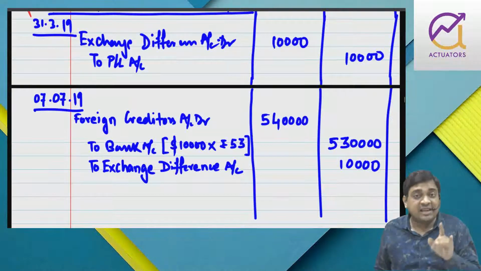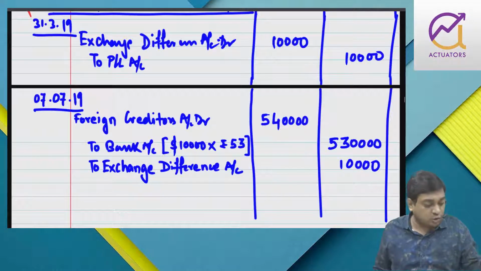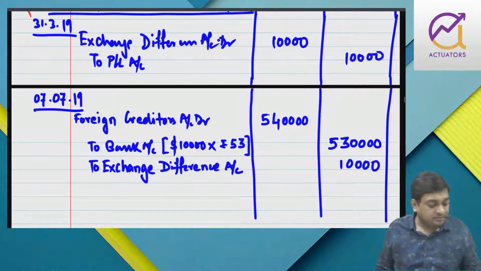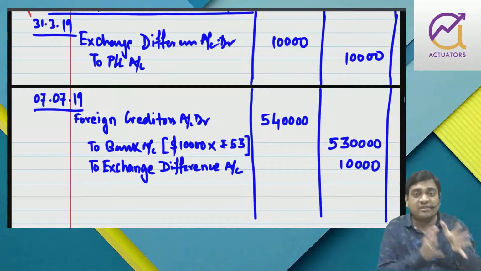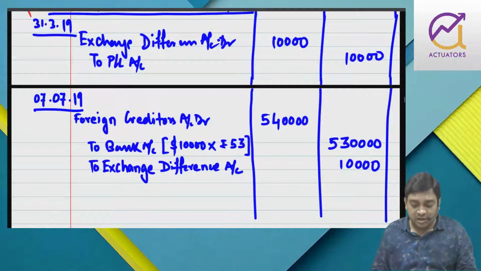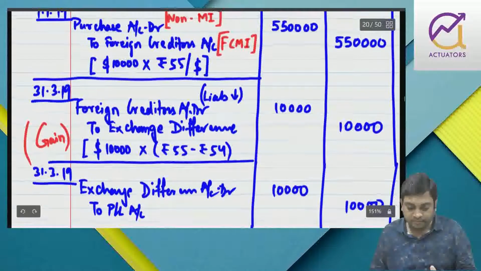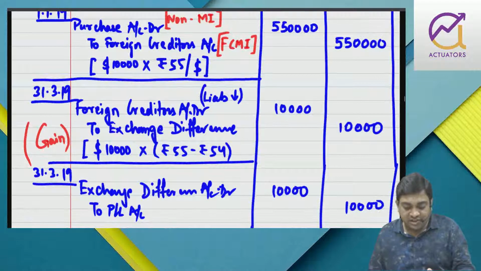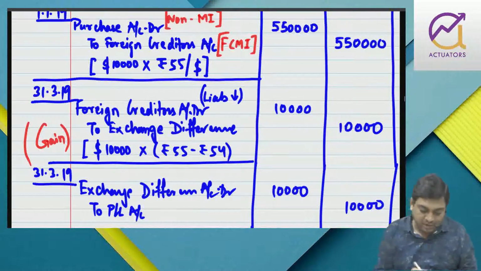One, they transferred the exchange difference to cost of goods sold, raw material consumed, whatever. This is the first mistake, because whatever exchange difference on FCMI will arise, that will be transferred to profit and loss account. Exchange difference on FCMI items will be transferred to profit and loss account.